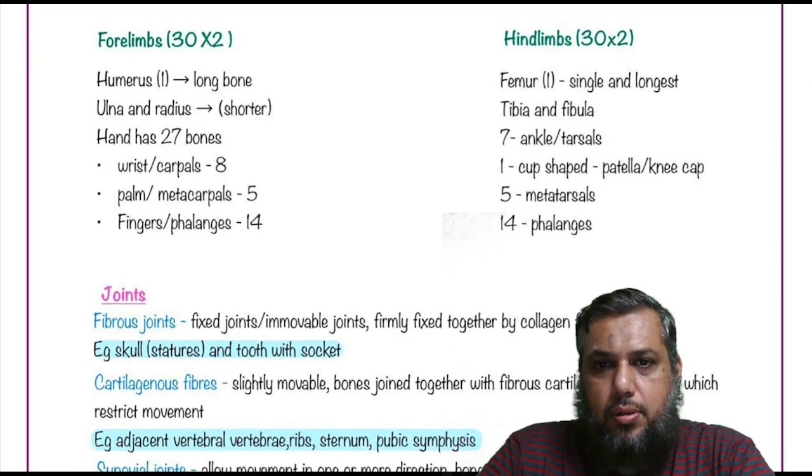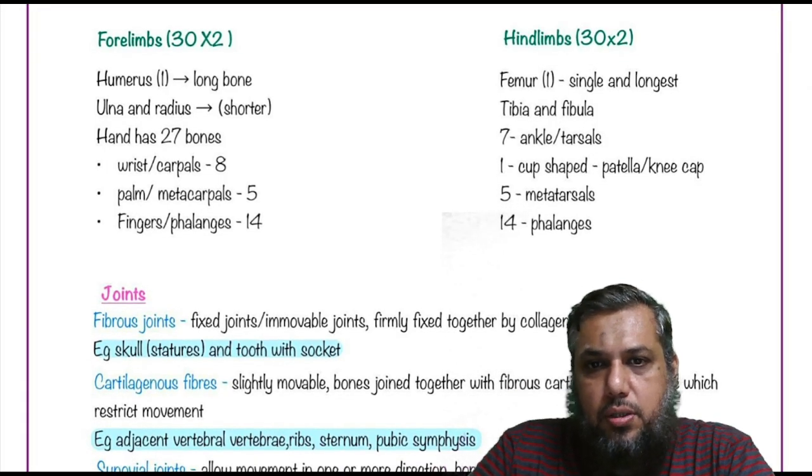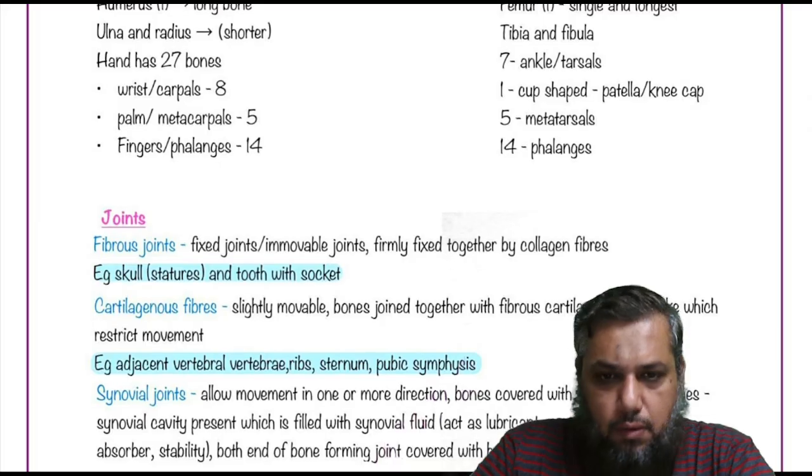Similarly for the hind limbs, single longest bone, that is the femur, which articulates with the tibia and fibula, 7 bones in the ankle, the tarsals, 1 cup-shaped patella, that is the kneecap, 5 metatarsals, and 14 phalanges.